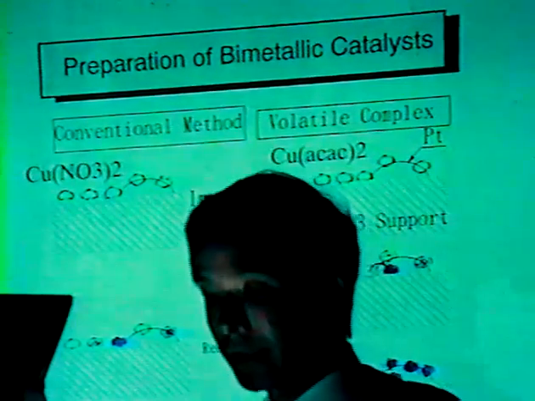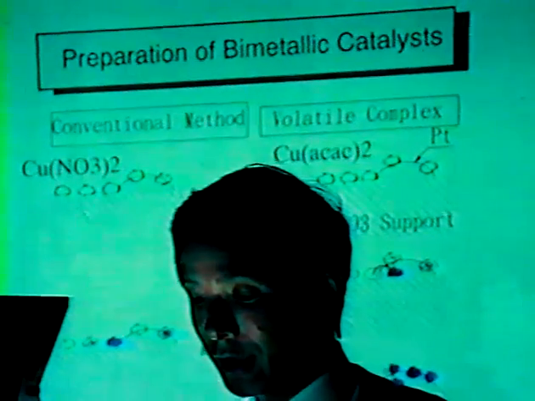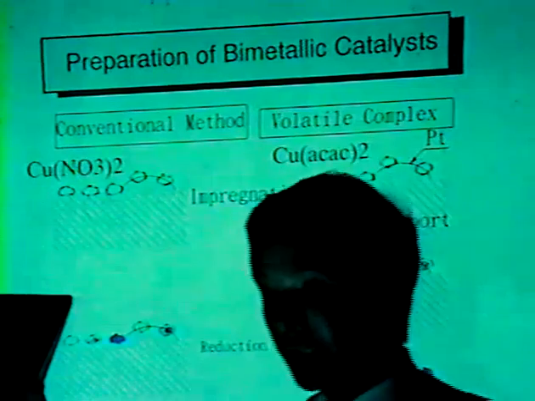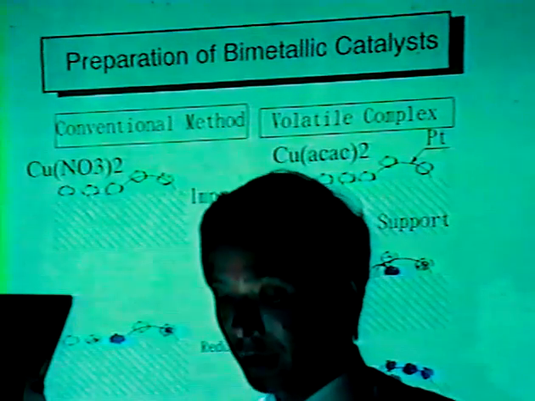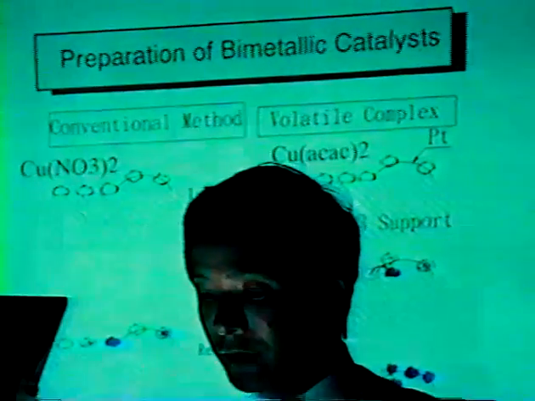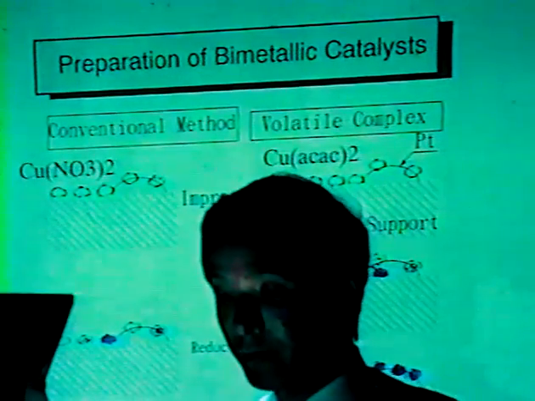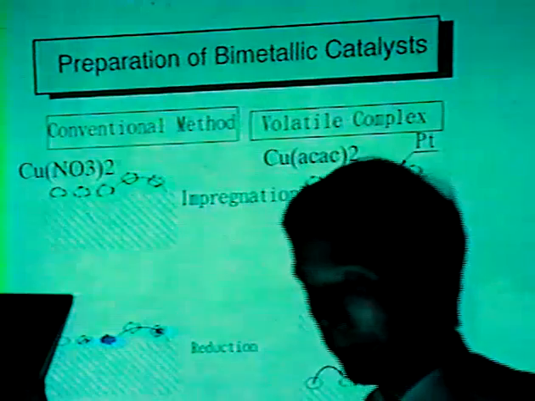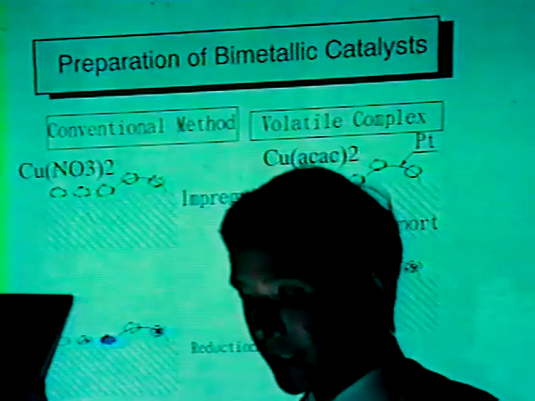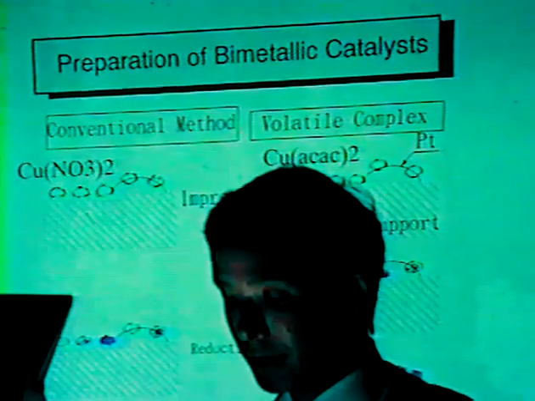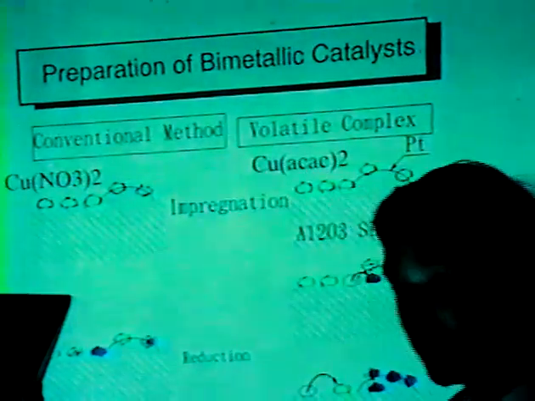And when it comes in contact with the platinum particle, it is decomposed because the ligand is hydrogenated by the catalytic activity of platinum surface. And finally, most of the copper deposits selectively on the surface of platinum particles.